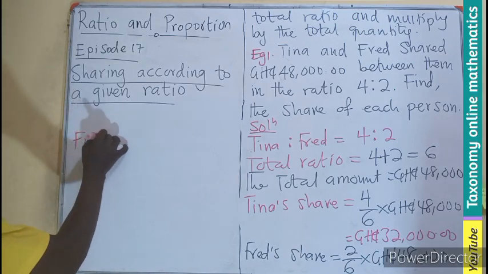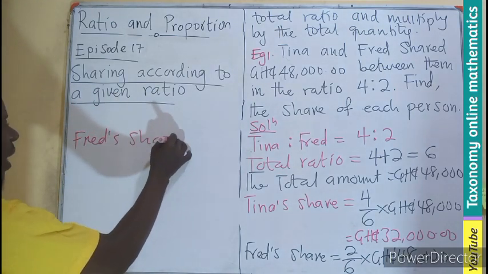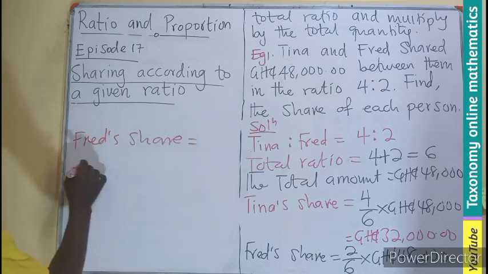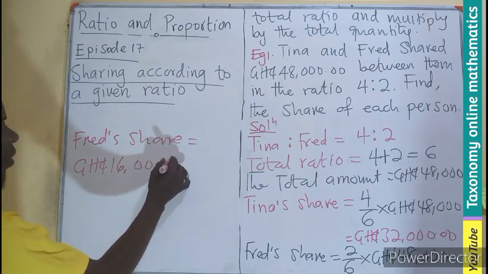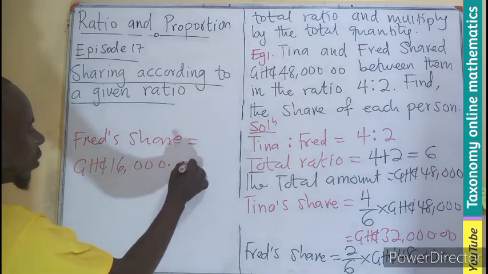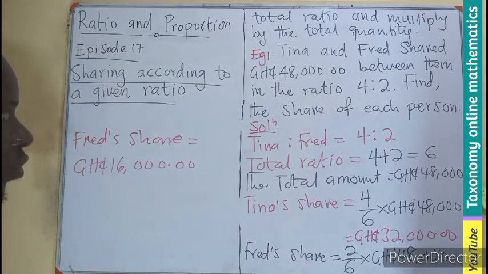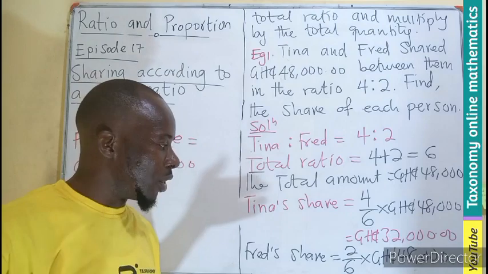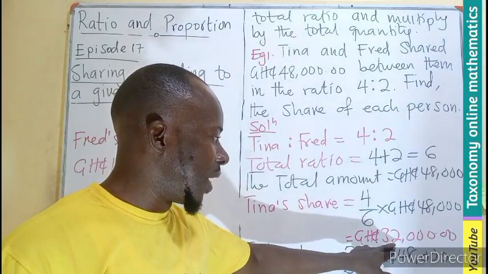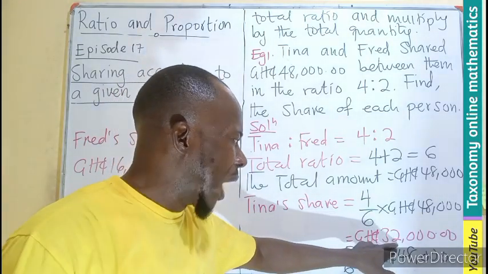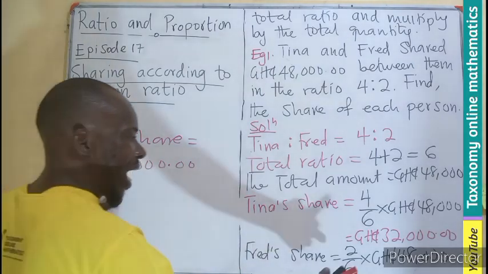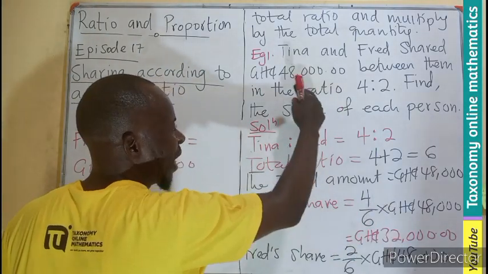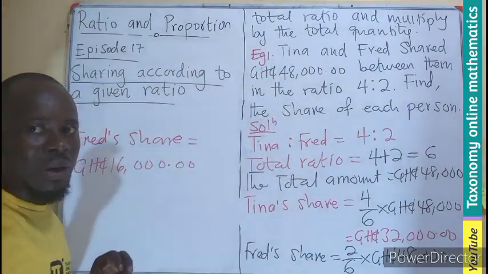So Fred's share will be equal to 16,000. Don't forget, there are 2 of them sharing the money. If the first person takes 32,000 and you are taking 16,000, if you add the 2, you should be able to get 48,000.